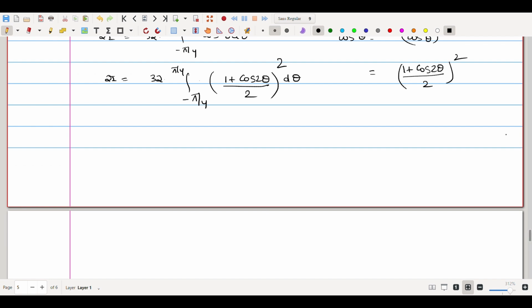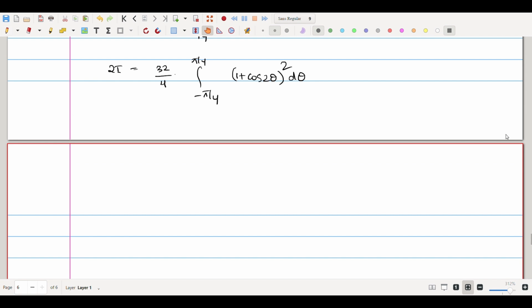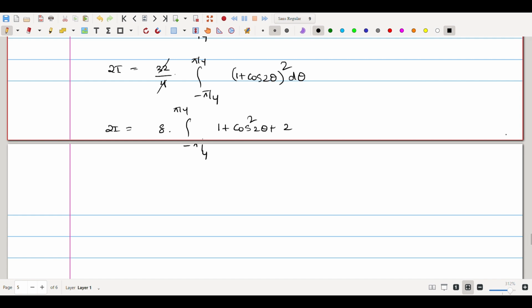If you take 2 squared outside, 2I equals 32 by 4 times the integral from minus pi by 4 to pi by 4 of (1 plus cos 2 theta) whole squared d theta. This is the form of (a plus b) whole squared. Let's expand this. 2I equals 8 times the integral of 1 plus cos^2 2 theta plus 2 cos 2 theta d theta.